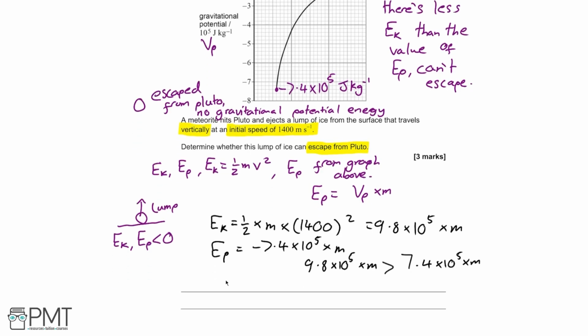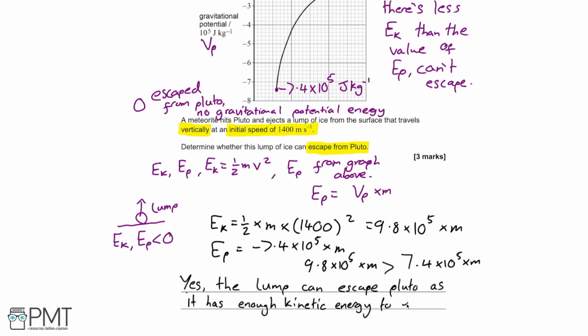Thus, our answer is that yes, the lump can escape Pluto, as it has enough kinetic energy to escape.